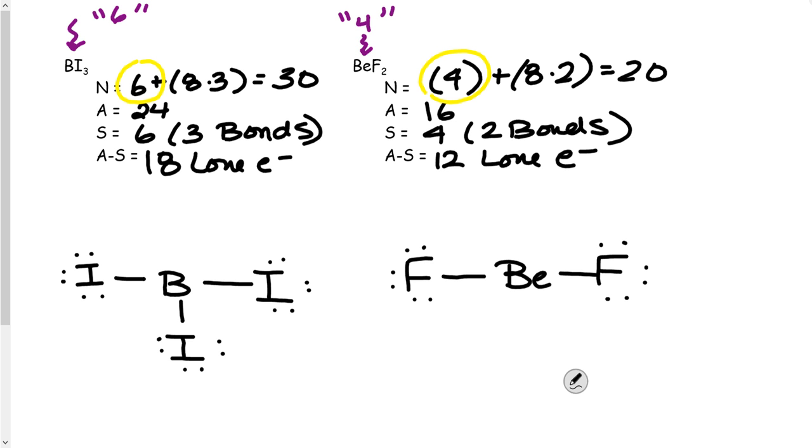Now again, if you're thinking, okay, wait a minute, the beryllium and the boron did not get to the octet of 8, that is okay, because boron will only get to 6, that is correct. Beryllium will only get to 4, which is also correct. So at this point, the video concludes and we will move on to the last 2 types of structures that can occur with covalent bonding.